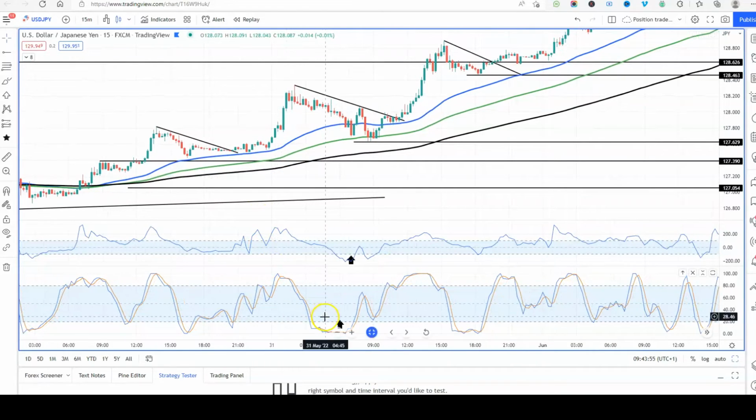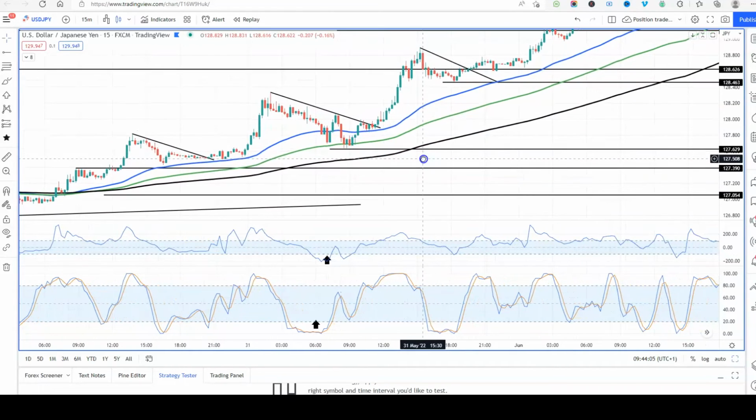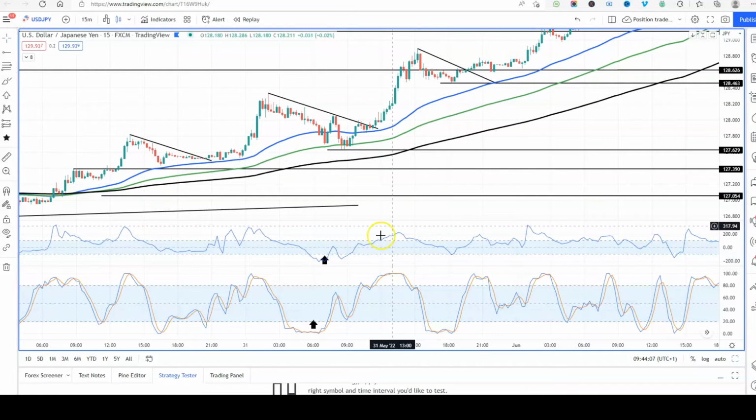So this is the first one. Notice here there is an oversold situation, but the CCI is not oversold. So it's not a valid entry. And what you do simply is notice this is a swing low in an uptrend. That's what you're looking for.